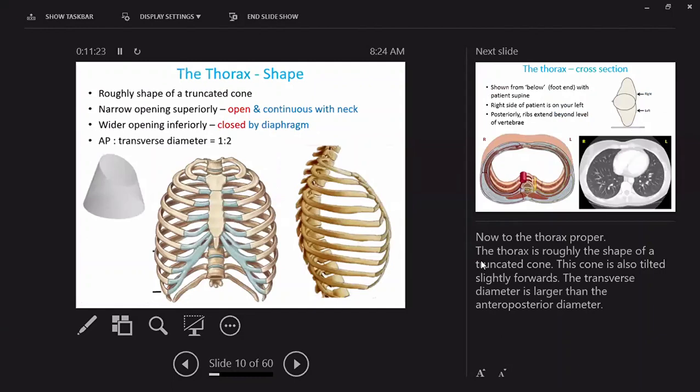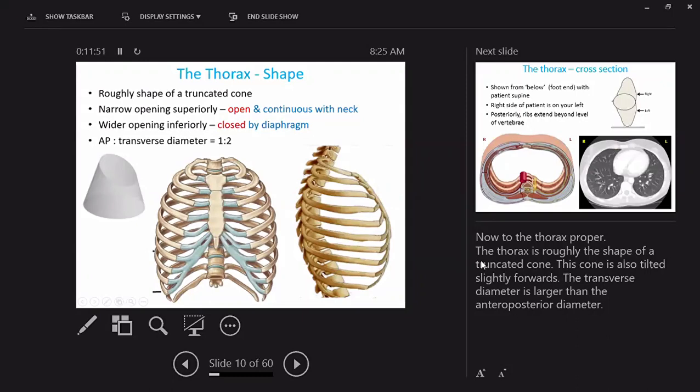Okay, so now we come to the thoracic cage proper. The thorax is a very unique shape, right? You have to understand what this shape is because later on in clinical issues, the shape can change. I'll tell you how. The shape is of a truncated cone. All of you know what a cone is, right? When you take a cone and you cut it across the top, a cone will have a nice tip.